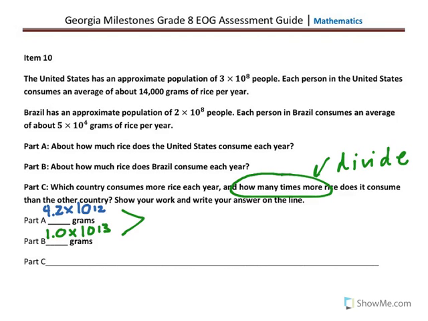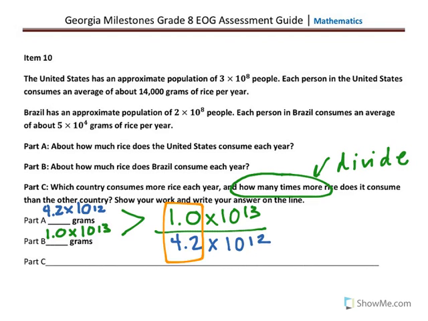When we're comparing, we're always going to take the bigger number. And we know that 1.0 times 10 to the 13th is the bigger number because of the exponent. And then we divide it by 4.2 times 10 to the 12th power. We're going to divide the numbers and subtract the exponents.